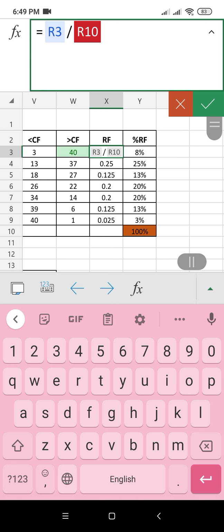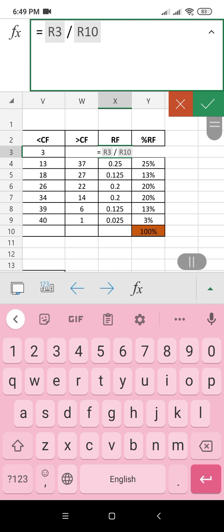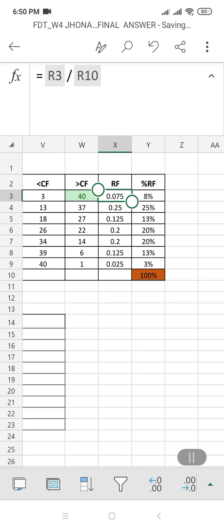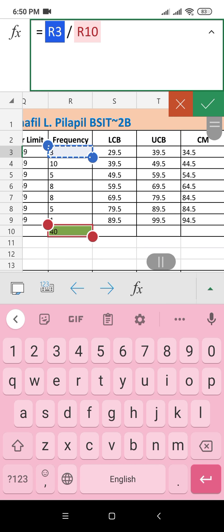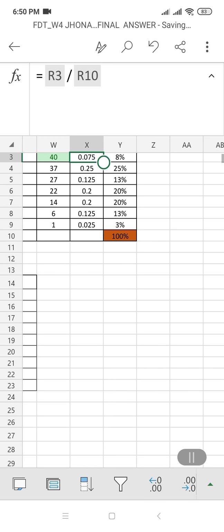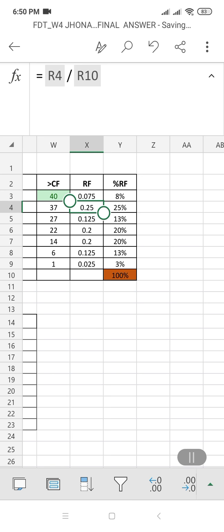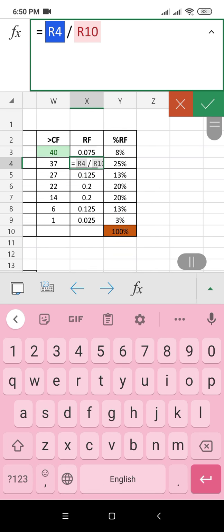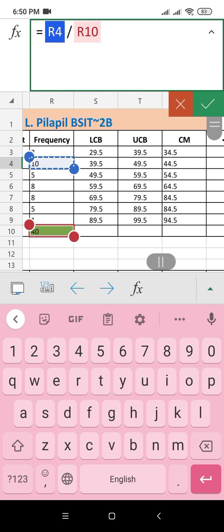So the first frequency is 3. You divide it by the total number, which is 40. Another example: this is the number 10. The frequency 10, you are going to divide it by 40.